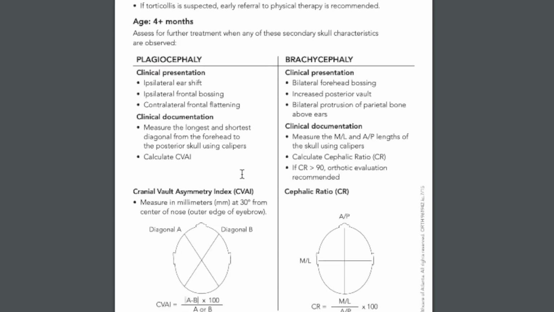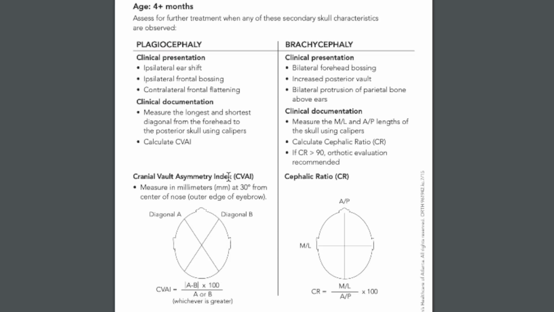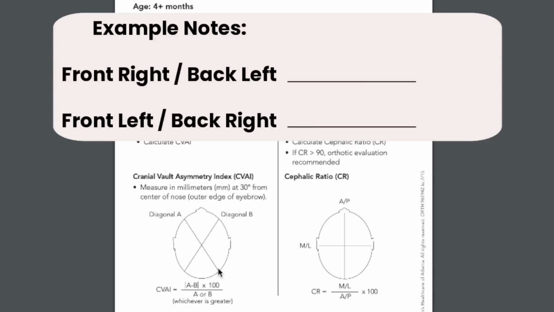So when we go to take measurements, first we're going to look down here. When we look at plagiocephaly, we're looking at that T shape. And so you take diagonal A. Usually when I write it down, I write left, front, right, back, line. Left, back, right, front, line.